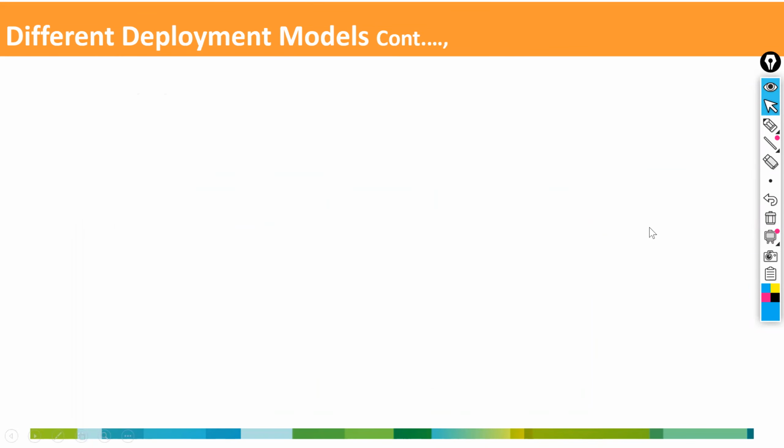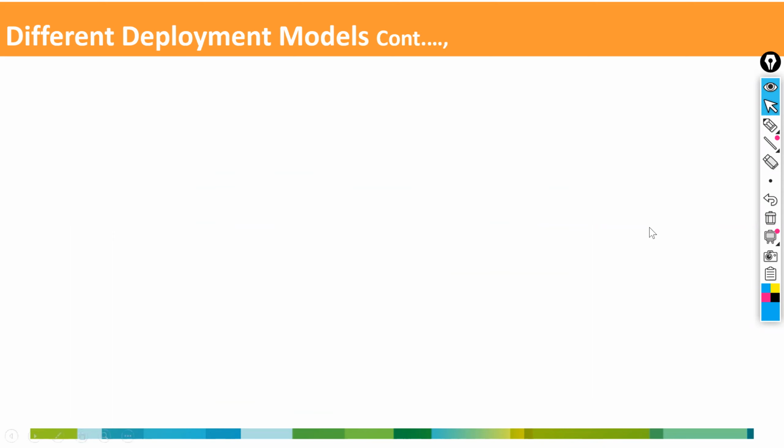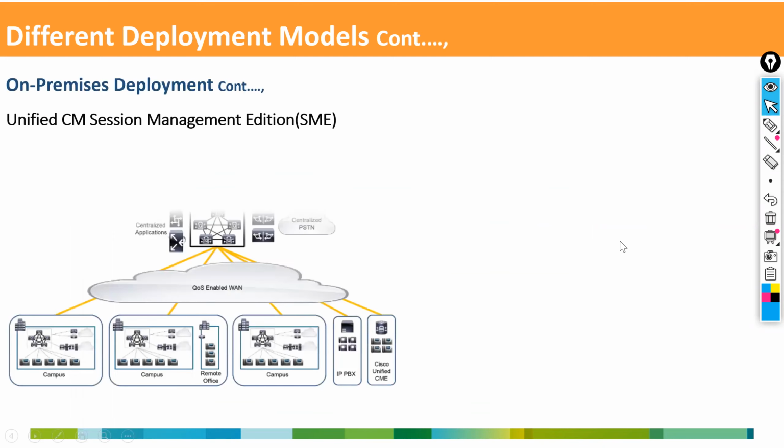Next we have, okay, same points: same registration, IP phone, gateways, concepts, everything is the same. We have the SME concept, Session Management Edition. Suppose you have a CUCM cluster, then you have a third-party cluster.